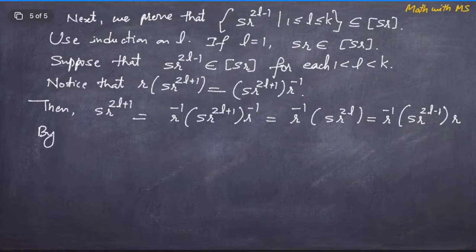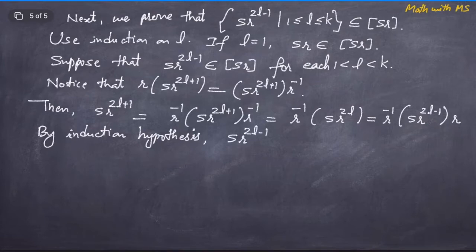By induction hypothesis, s into r to the power 2L minus 1 is some conjugate of SR, equal to x inverse SR times x, for some x in the dihedral group D2n.